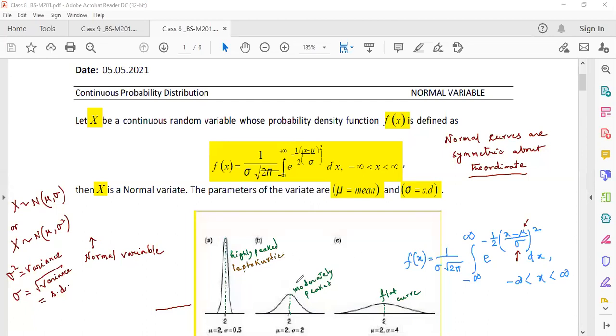Moderately peaked normal curves are called mesokurtic curves, and flat curves are called platykurtic curves. These are the different names which are actually given to different types of normal curves with respect to different deviations.